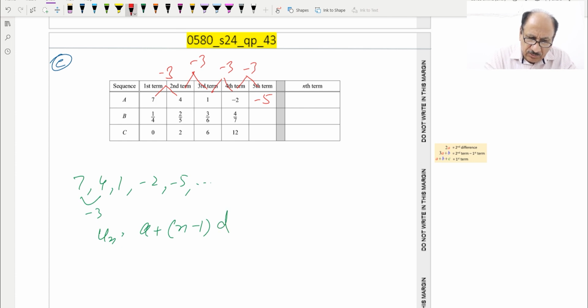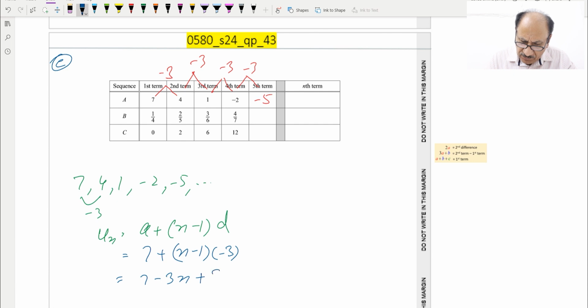So we can write 7 plus n minus 1 into d, which is minus 3, and this will be equal to 7 minus 3n plus 3. So we can write 10 minus 3n. This will be our nth term, which we can provide over here, 10 minus 3n.